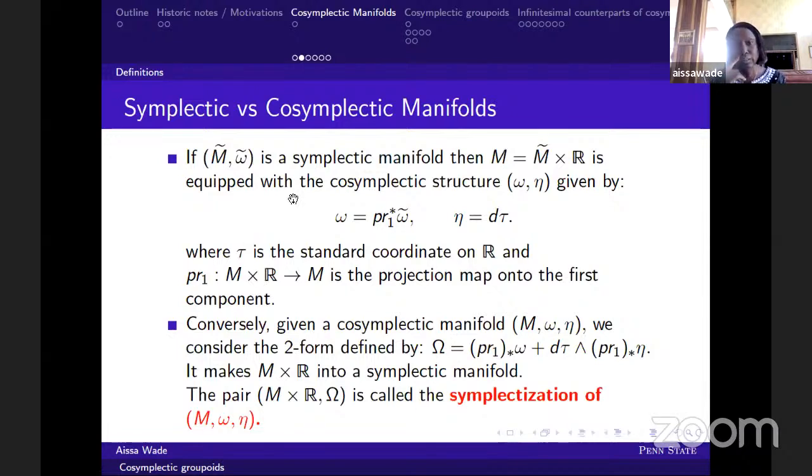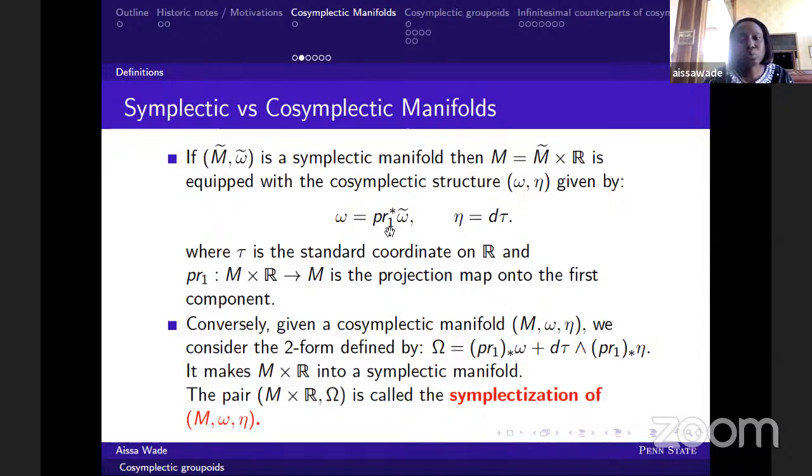So now the relationship between symplectic and cosymplectic structures, of course, is really strong. They are strongly related. If I start with a symplectic manifold, I call it M tilde with omega tilde, and I look at the product M, which is M tilde cross R, then there is a cosymplectic structure on M, which is given by omega, which is just the pushforward, where pr_1 is just the projection.